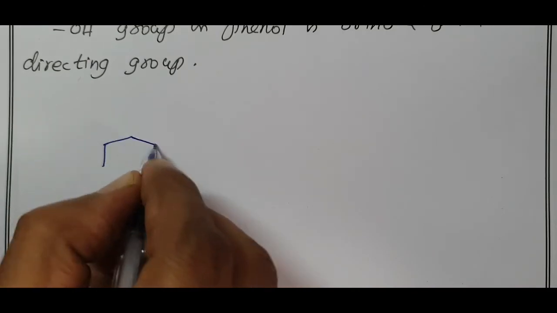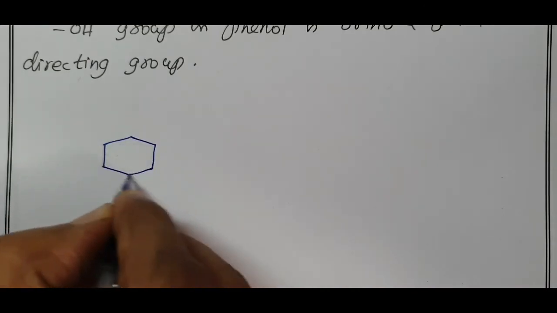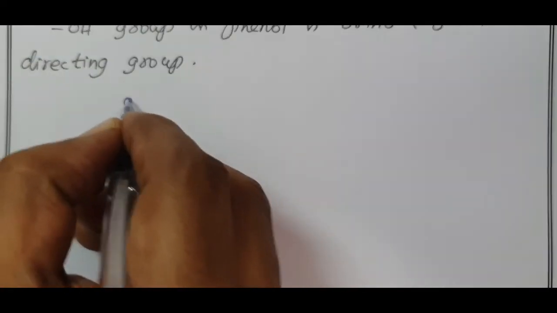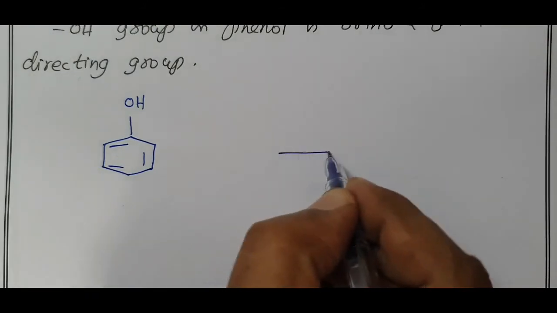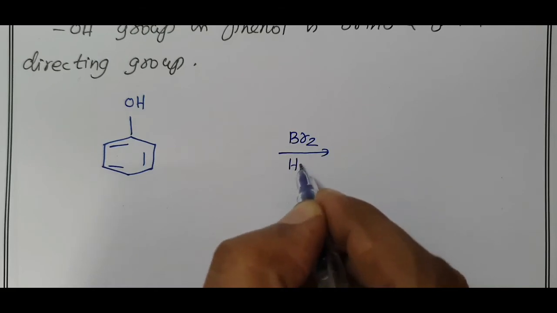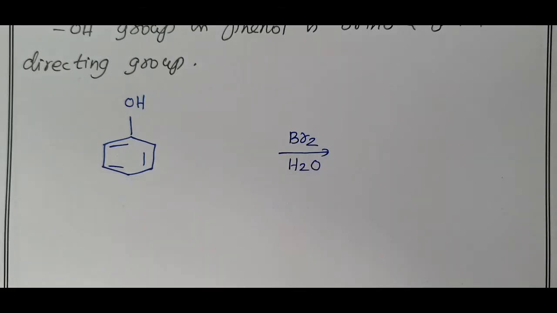Now, we write the molecular formula for phenol, C6H5OH. This is our phenol. It undergoes bromination in the presence of Br2, bromine water. I will tell the color of bromine water.